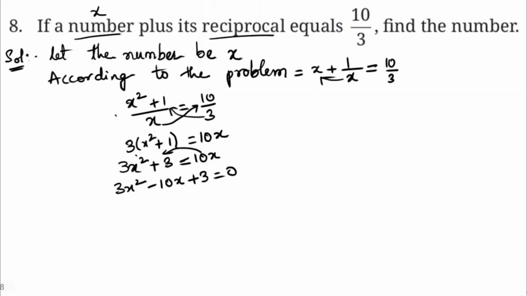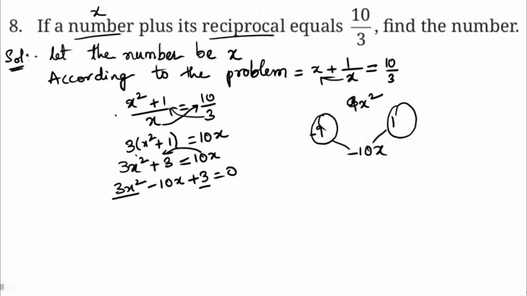Now to factorize, let us multiply the first and last term. We will get 3 threes are 9x square, and the middle term is 10x. We need two numbers such that if we multiply them we get 9x square, that can be 9 and 1, and if we add we should get minus 10x.